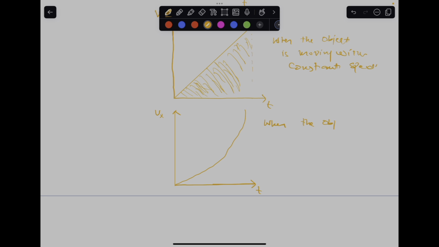When the object is moving with non-uniform speed, it's not a straight line, it's a curvature.